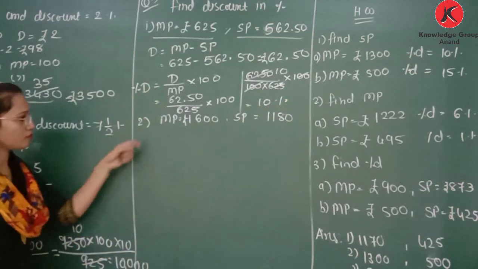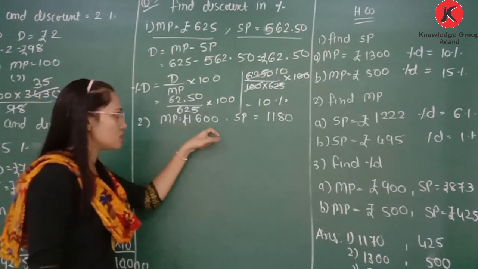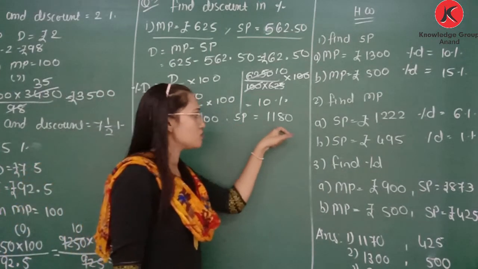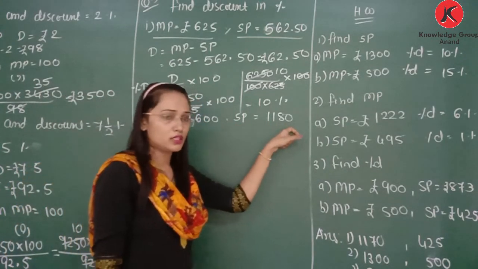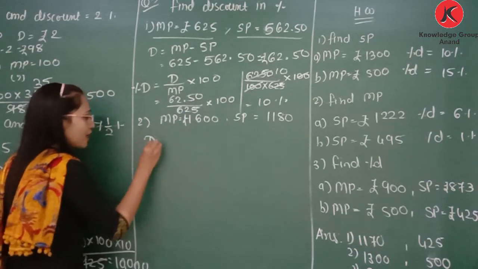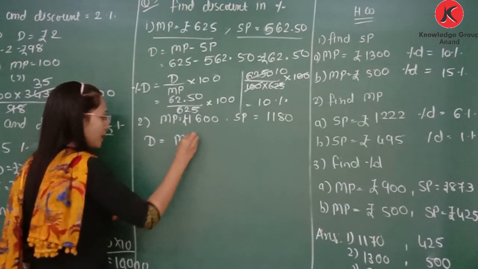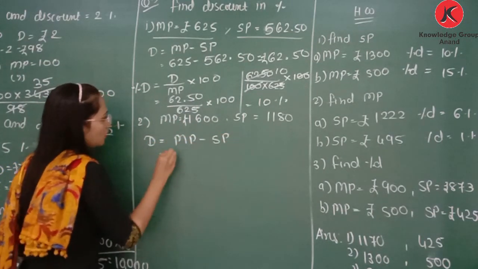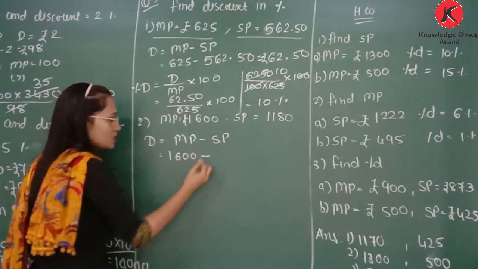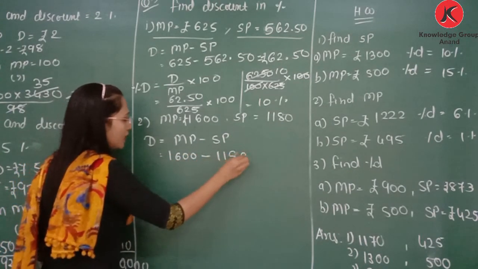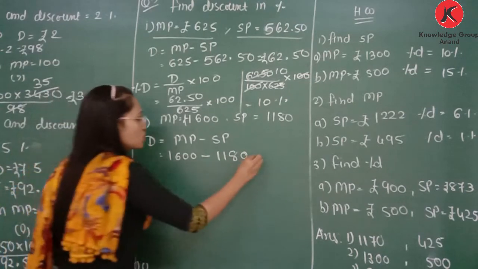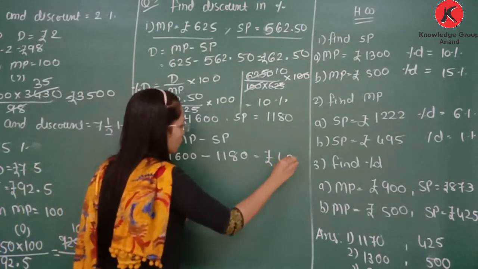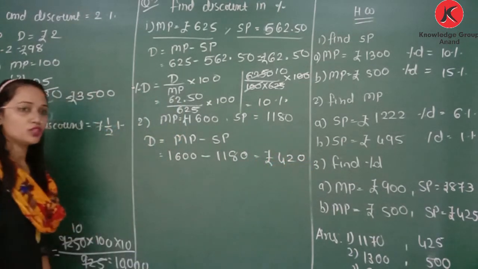Clear? Now same, mark price is 1600 and selling price is 1180. So we can find the discount is equal to mark price minus selling price. 1600, that is mark price, 1180, that is selling price. So we get 420 as a discount in rupees.